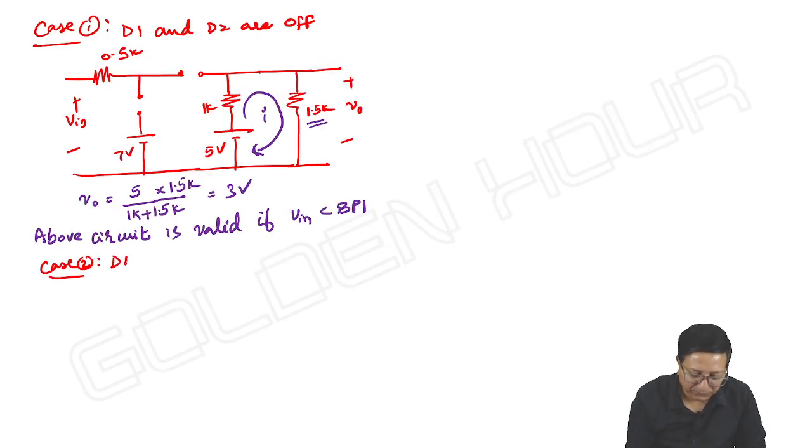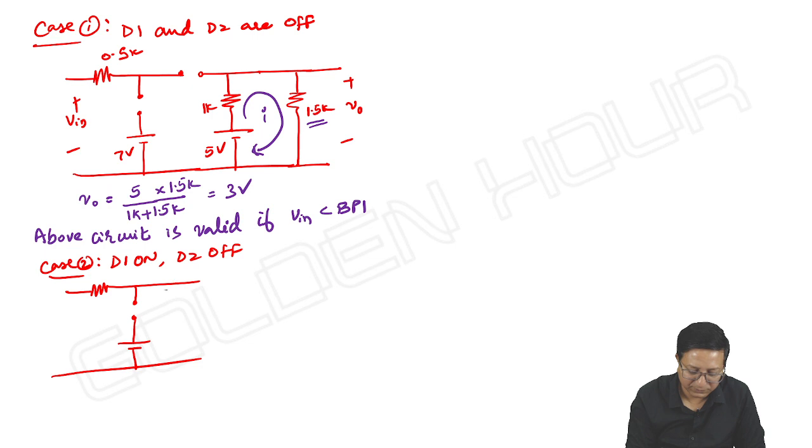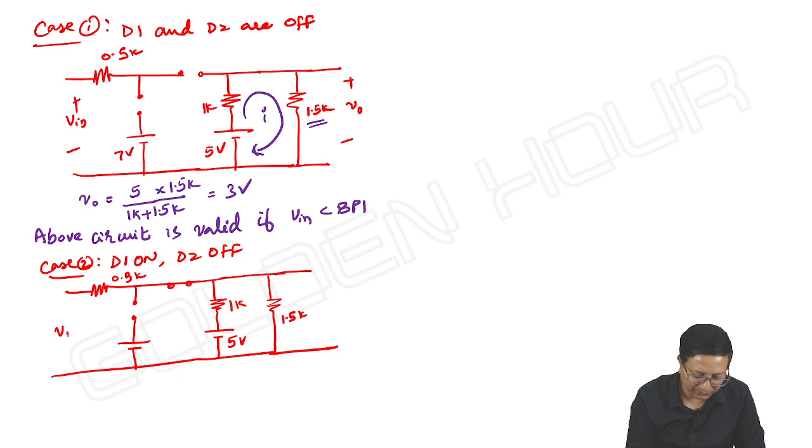Case 2. D1 is on and D2 is off. What is the equivalent circuit? 1.5 kilo ohm, 1 kilo ohm, 0.5 kilo ohm, input.